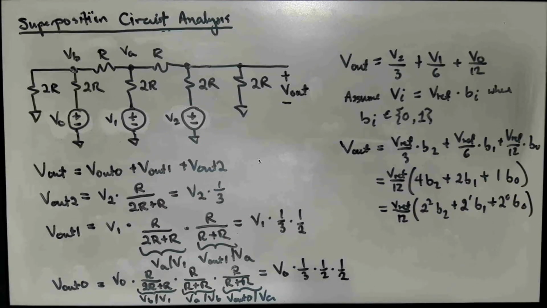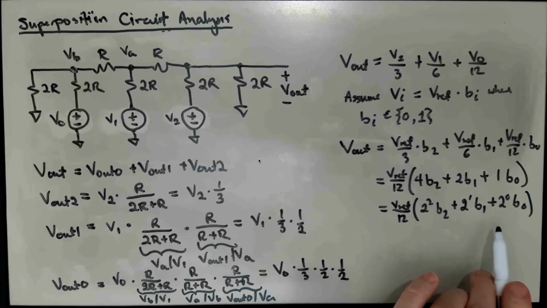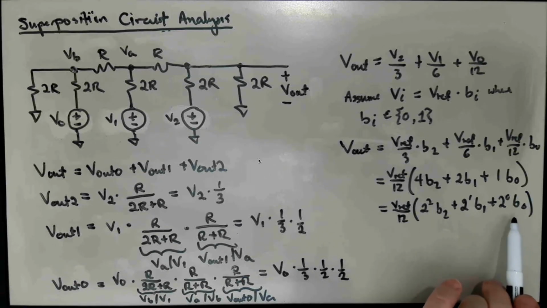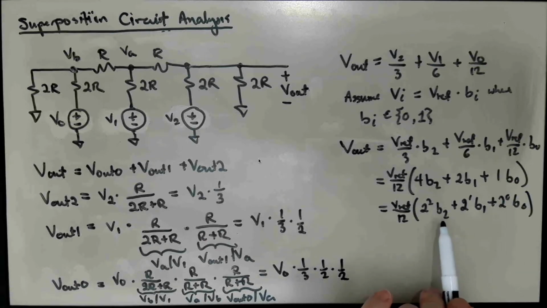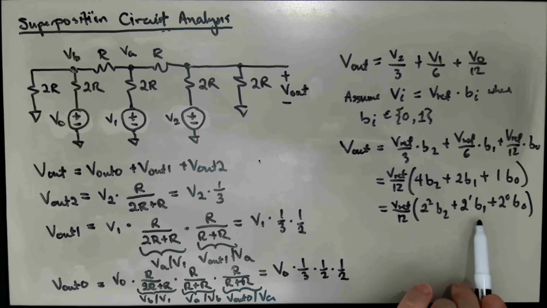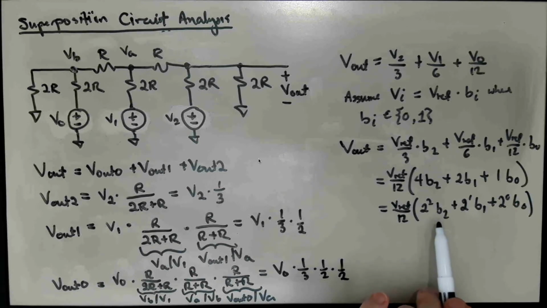Now, this may strike you, if you know anything about the binary number system, as interesting, because this is a weighted sum of some bits where the weights on the different binary digits are the positional significance in the binary number system. So B0 would be the least significant bit of a 3-bit number. B1 would be the 2's digit. So this is the 1's digit, the 2's digit, and the 4's digit of a 3-bit binary number.